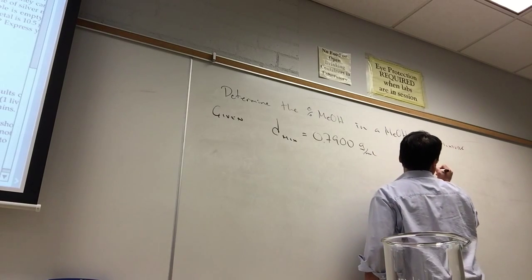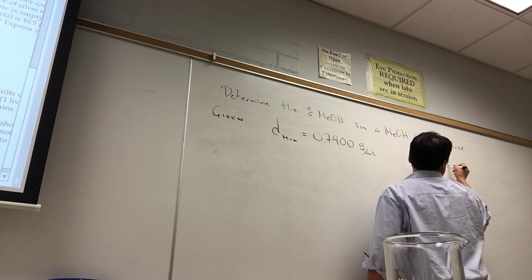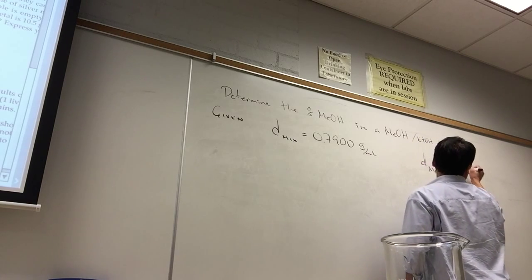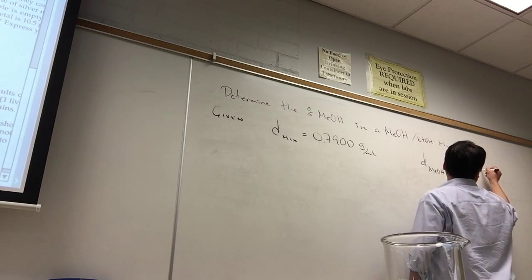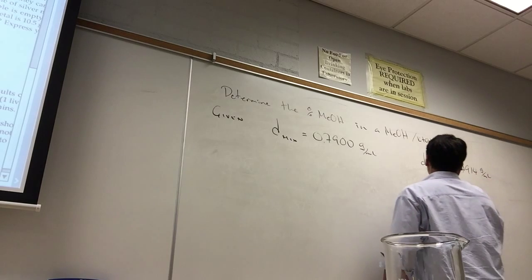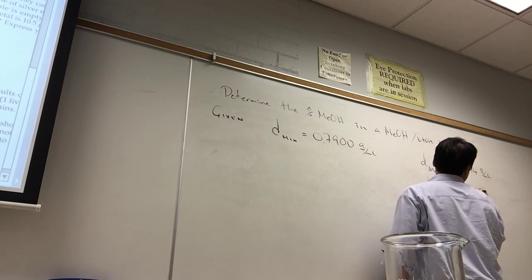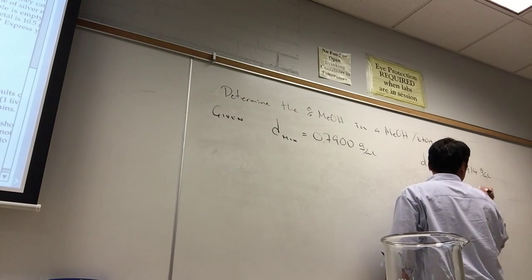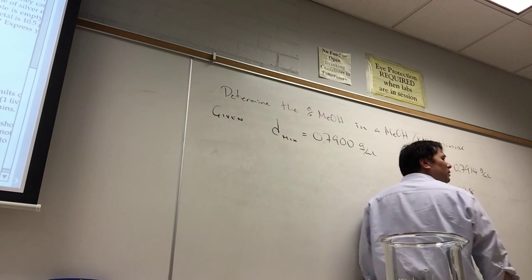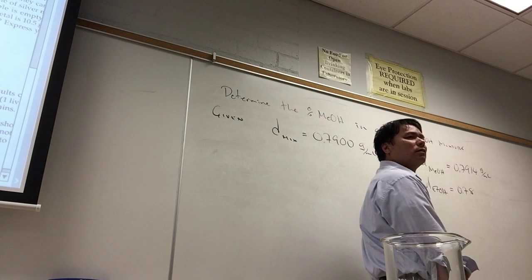Recall that the density of methanol was 0.7914 grams per milliliter, and the density of ethanol was 0.78... was it 7984?